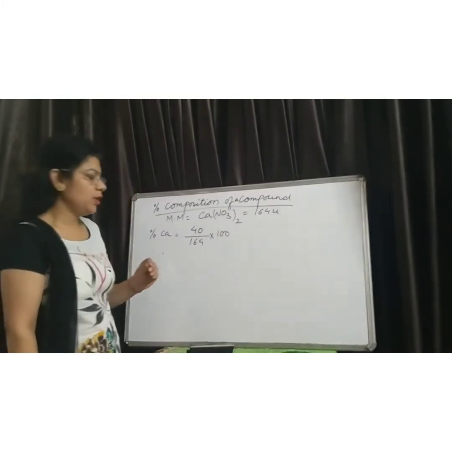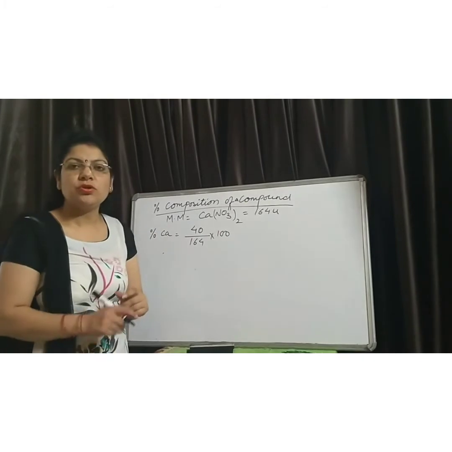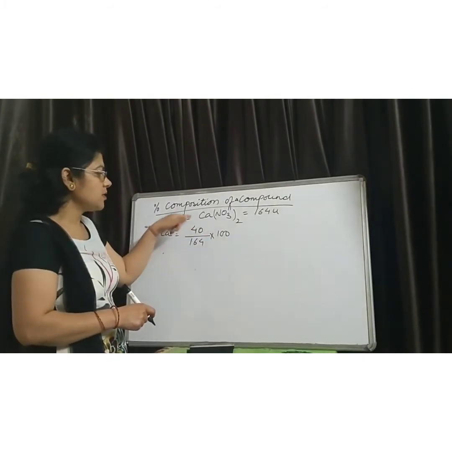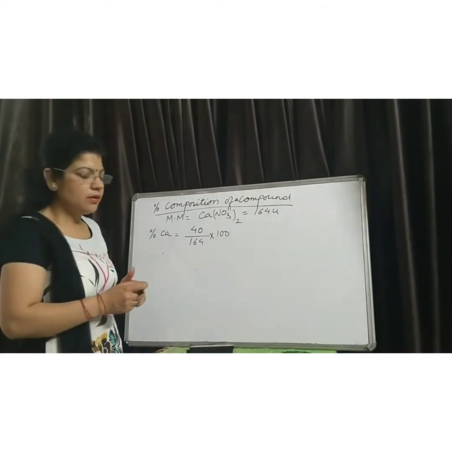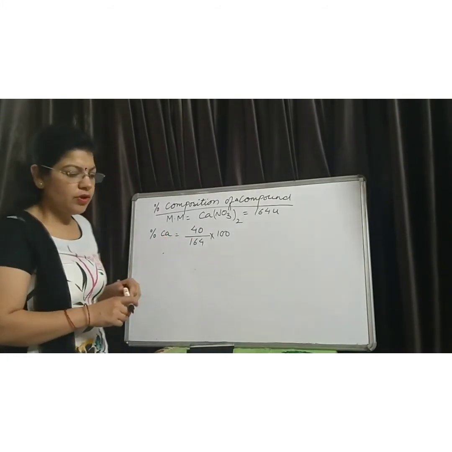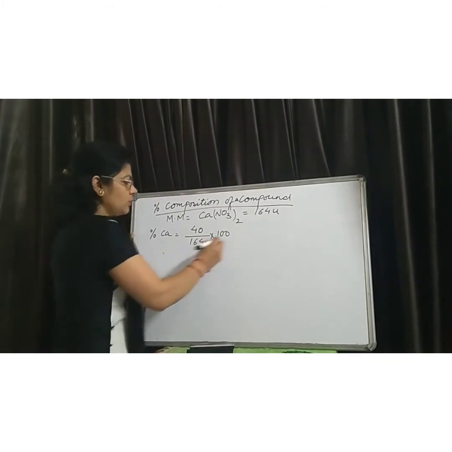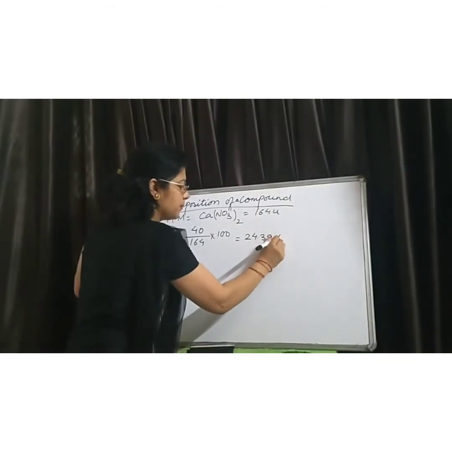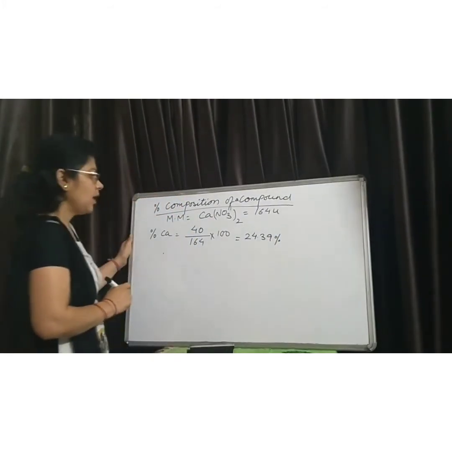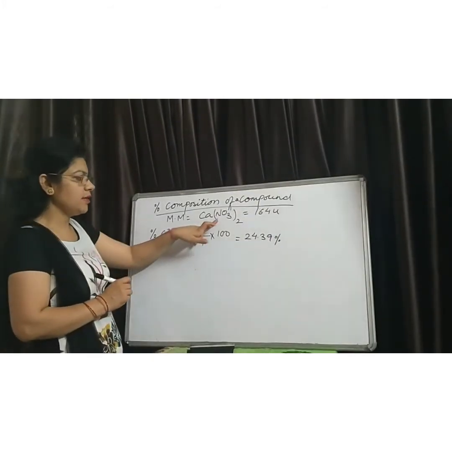It gives the percentage composition of calcium present in calcium nitrate. When you solve this, it comes out to be 24.39%.